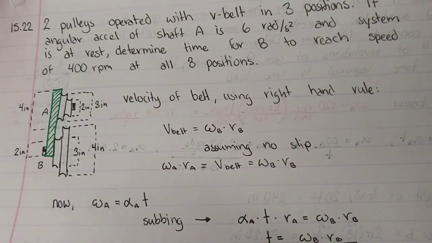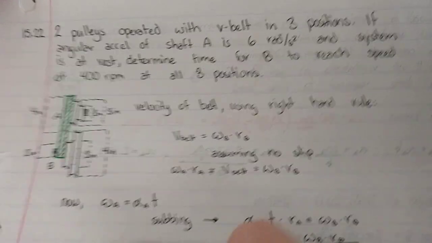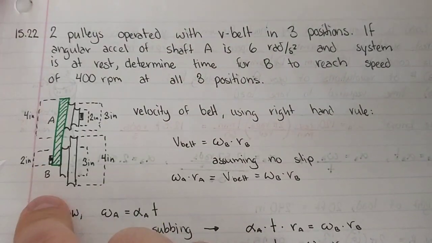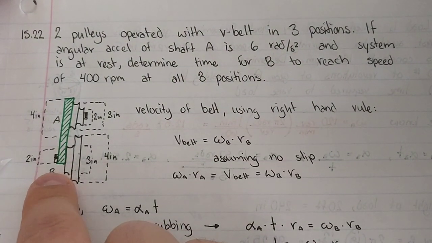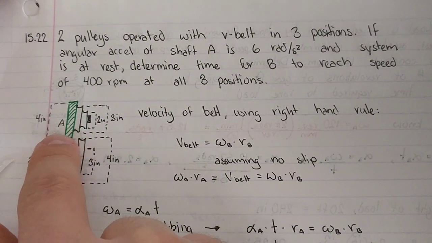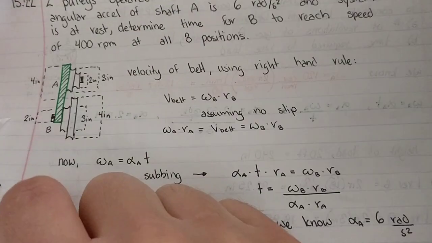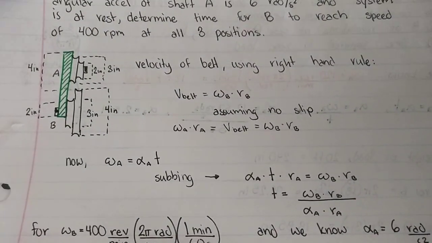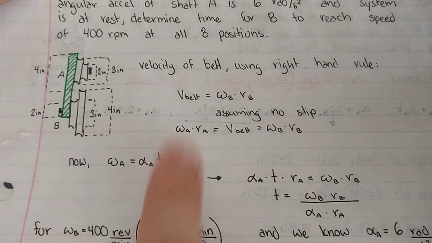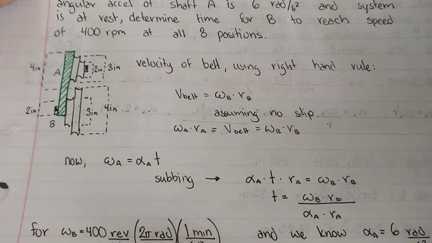Now we know that the angular velocity of A times the radius of A is going to be the same as the angular velocity of B times the radius of B. So it's going to be the same throughout the whole cycle. We can figure out the angular velocity of A from the angular acceleration of A times t, the time.